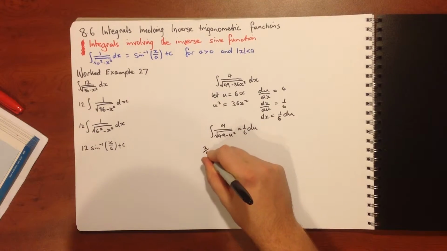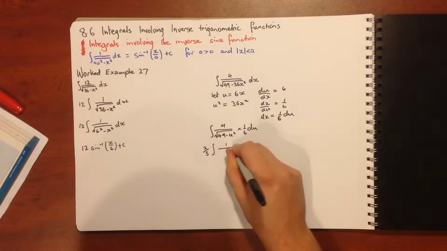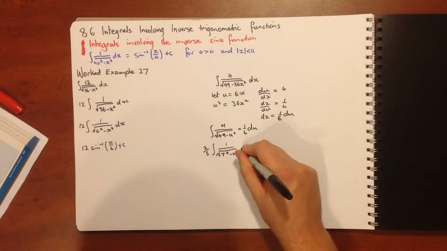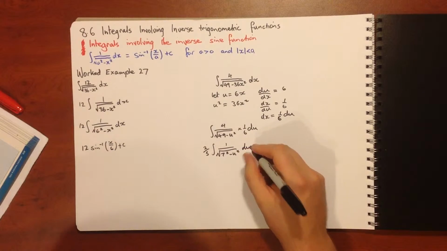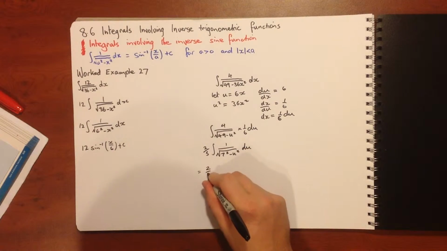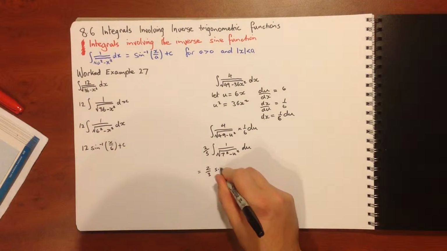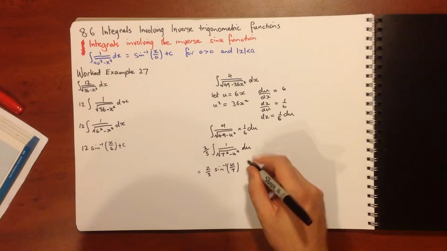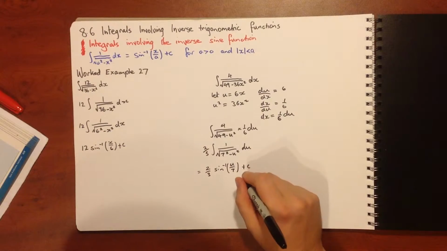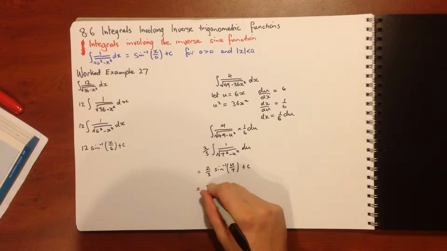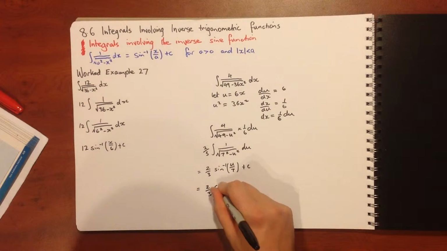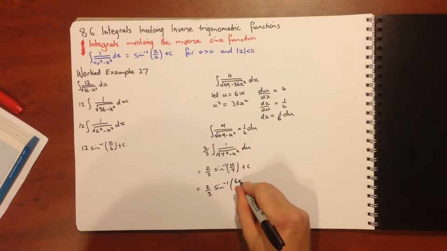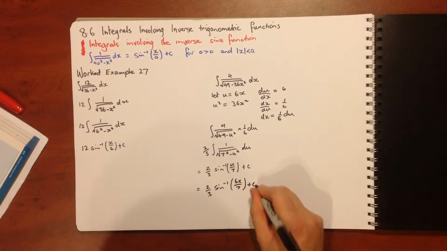So we've got 2 on 3 outside of the integral of 1 over the square root of 7 squared minus u squared du, which means we get 2 on 3 times the inverse sine of u on 7 plus c. Sub our u back in, u was 6x, and we get 2 on 3 times the inverse sine of 6x on 7 plus c.